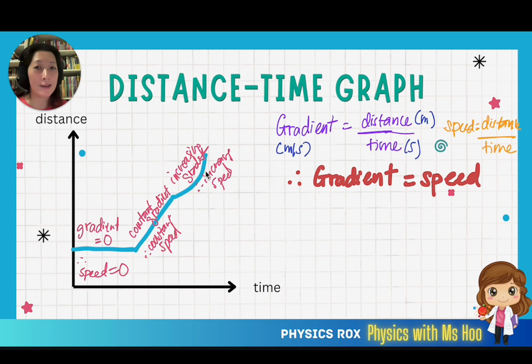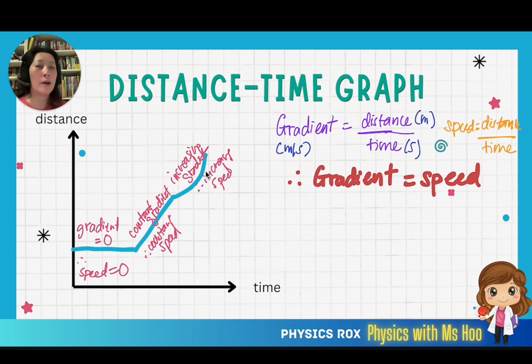Is this starting to make sense? So anything that you get from the gradient, that's what the speed is. So if you have the section of the graph with a higher gradient, that means higher speed. Lower gradient, lower speed. So whatever we get from the gradient, that's the speed of the object at that section or that point in time.